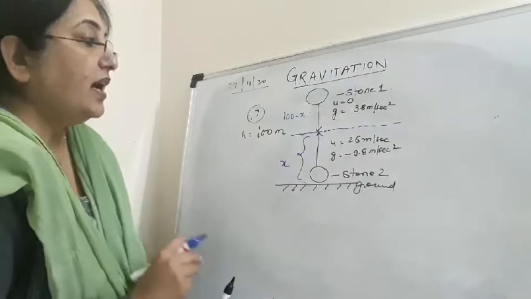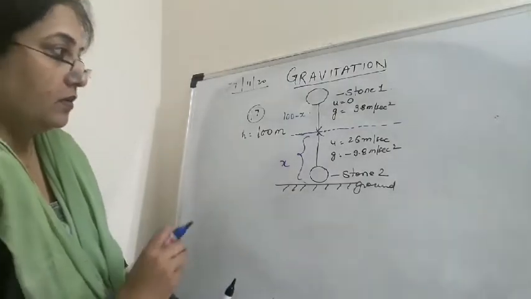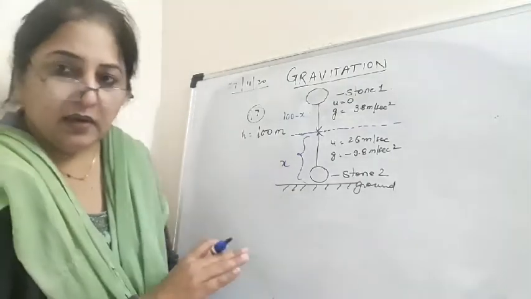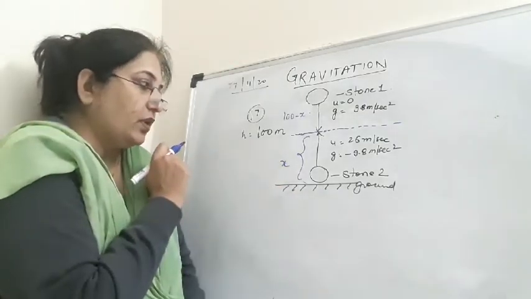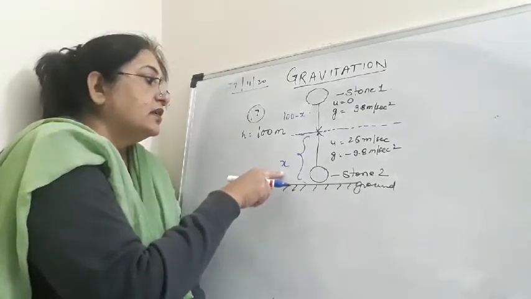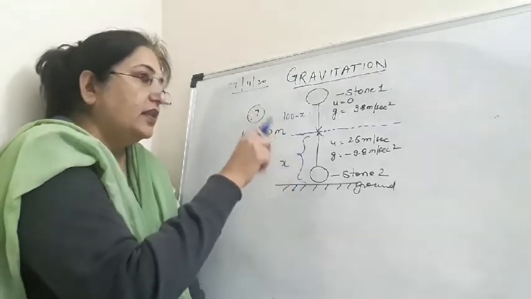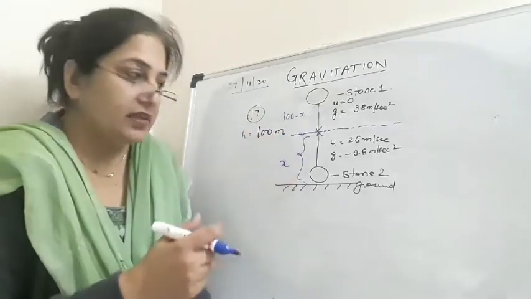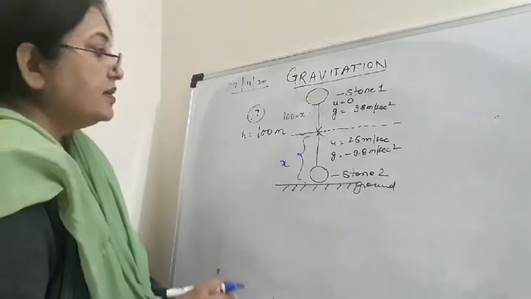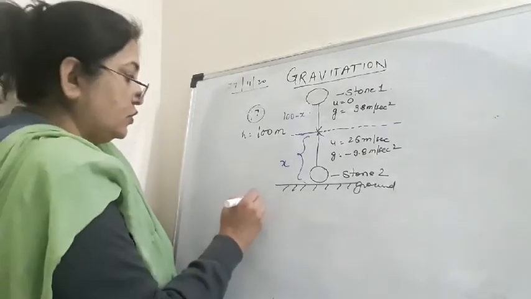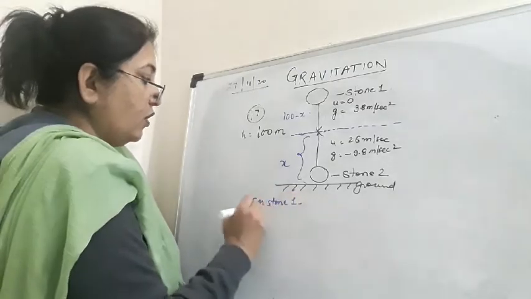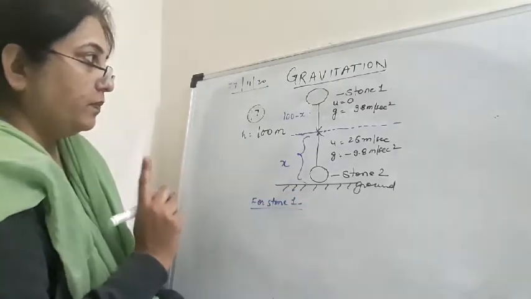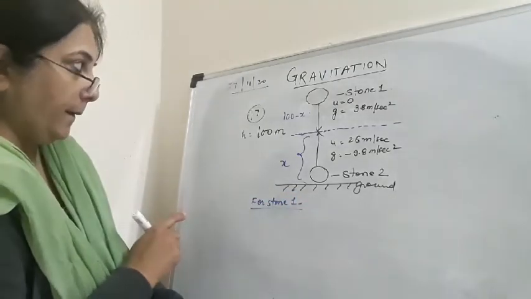Now we have to see which equation we'll use to get the value of x. When we get x, we'll get the height, and then we'll calculate the time. Let us see for stone 1, because we have u and g.